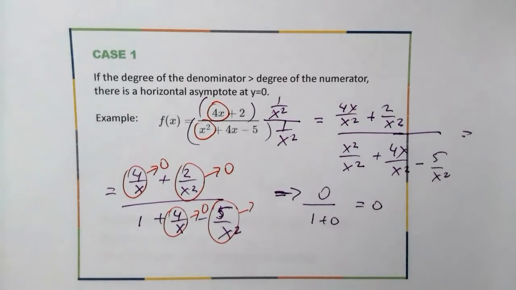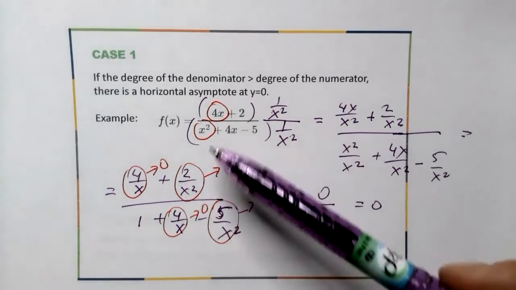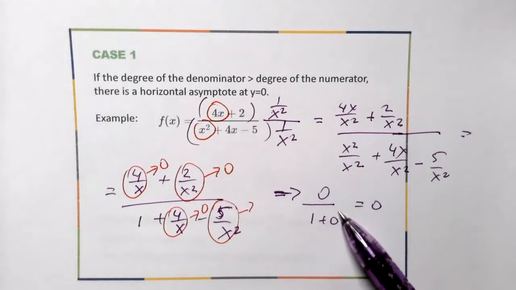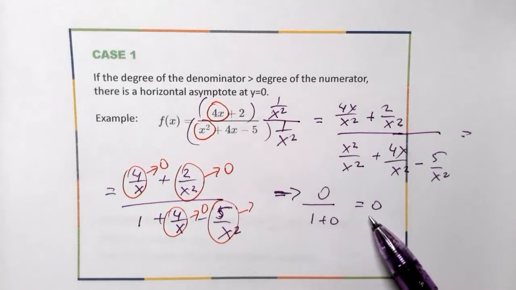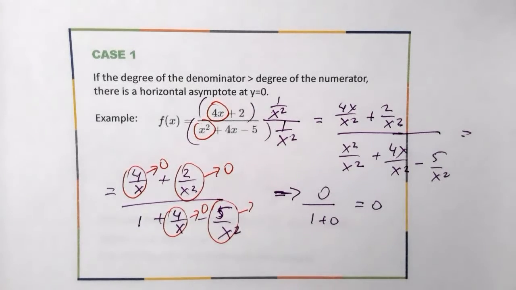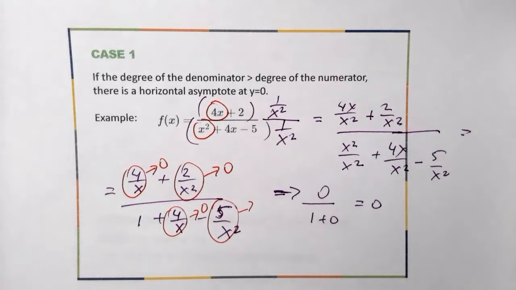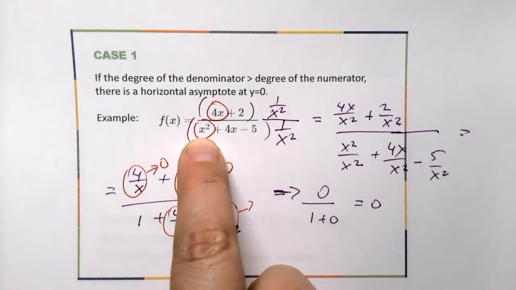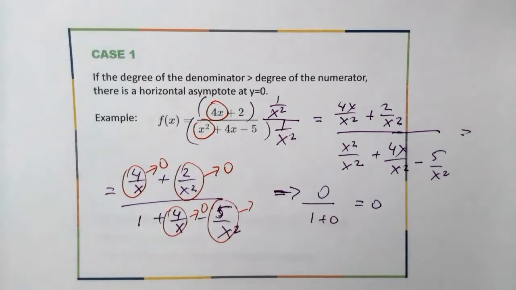That's the reason why when the denominator is greater than the numerator, the denominator will become really big, your numerator will become 0, so the whole thing will approach 0. That's why we have this horizontal asymptote. And that's the rule. Whenever your denominator is greater in power than the numerator, then the whole thing is going to approach 0 on both ends, positive and negative infinity.